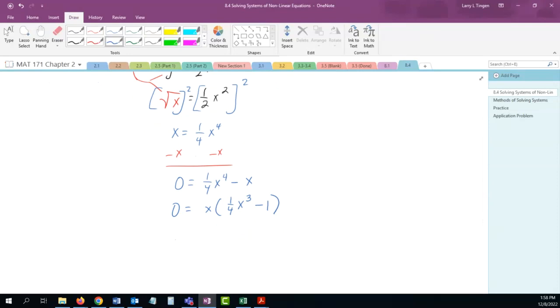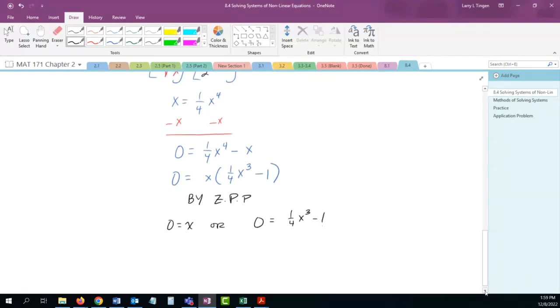Why do I suddenly have like the bad guy face on, my plans are going exactly like I wanted them to? Because I have two things multiplied that give me 0. Why is that important? Because by the zero product principle, if two things multiply to 0, then either the first is 0 or the second is 0.